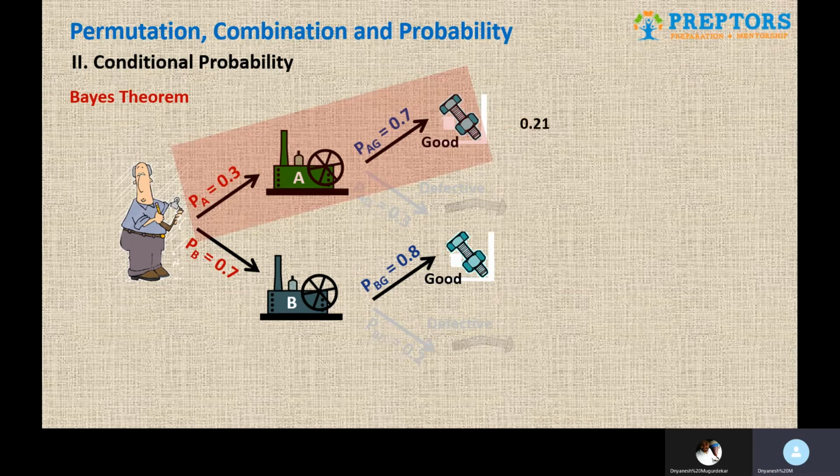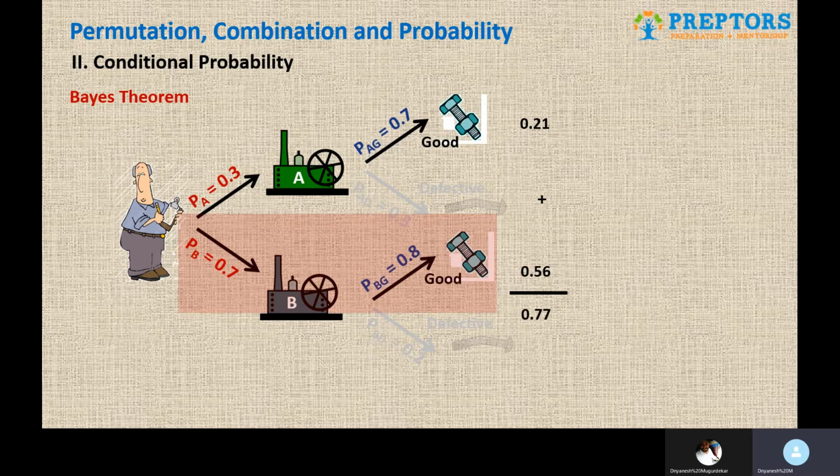Because we were supposed to find out the probability, we need to divide by the sample space, and sample space is good article, but it can be either from machine A or from machine B. So machine B's good article 0.7 into 0.8 plus machine A's good article 0.21 is your sample space, which is 0.77, and probability is favorable outcome upon sample space, that is 0.21 upon 0.77. You reduce that, you get the answer as 3/11. So the required answer is 3/11.